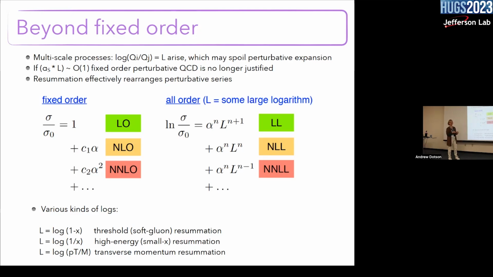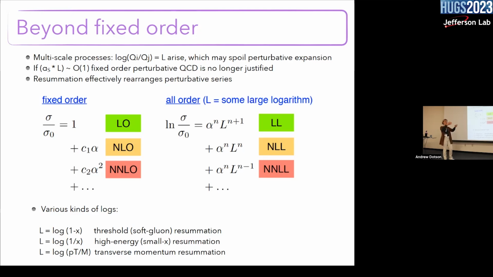There are different kinds of logarithms depending on the observables that we are fitting. The problem in PDF fits is that you have a lot of different observables, and each one of them, in principle, in some regions, requires the resummation of different logarithms. So one could say, okay, let's take one of these logs and see what happens. One of the logs is the threshold resummation.